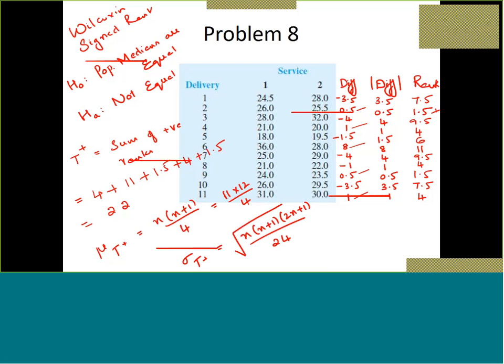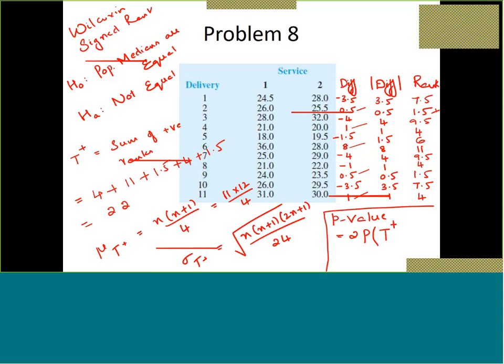So then you have to calculate the p value. Correct? So you have to calculate the p value. P value is nothing but the two-tailed test probability of T plus, which is your test statistic.